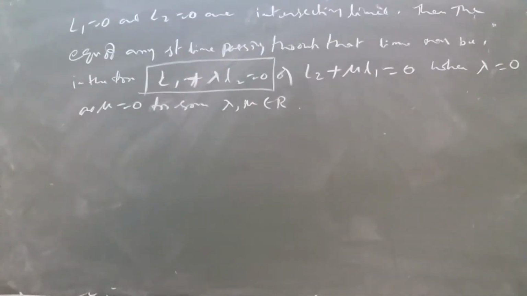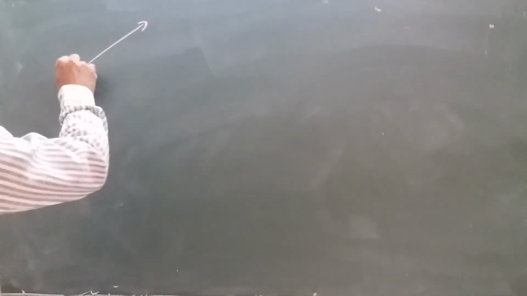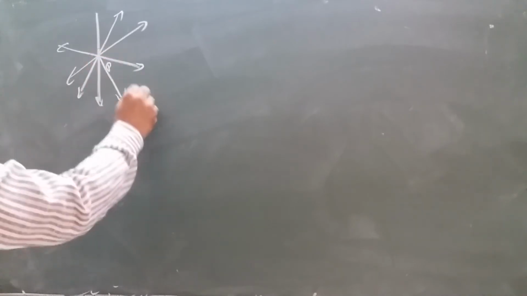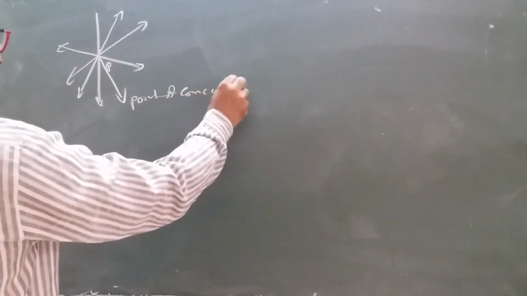Now we will discuss another point, that is, concurrency of lines, point of concurrency, concurrent lines. If three or more lines pass through a single point, then this is the point of concurrency.